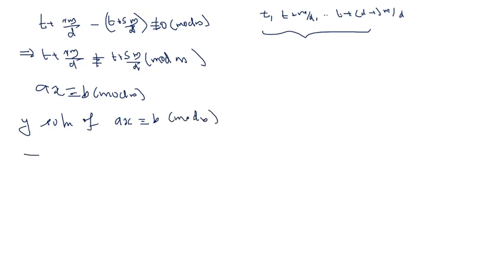That means y is a solution of a by d x congruent to b by d mod m by d. And we know that a by d x congruent to b by d mod m by d has a unique solution, and that is t.